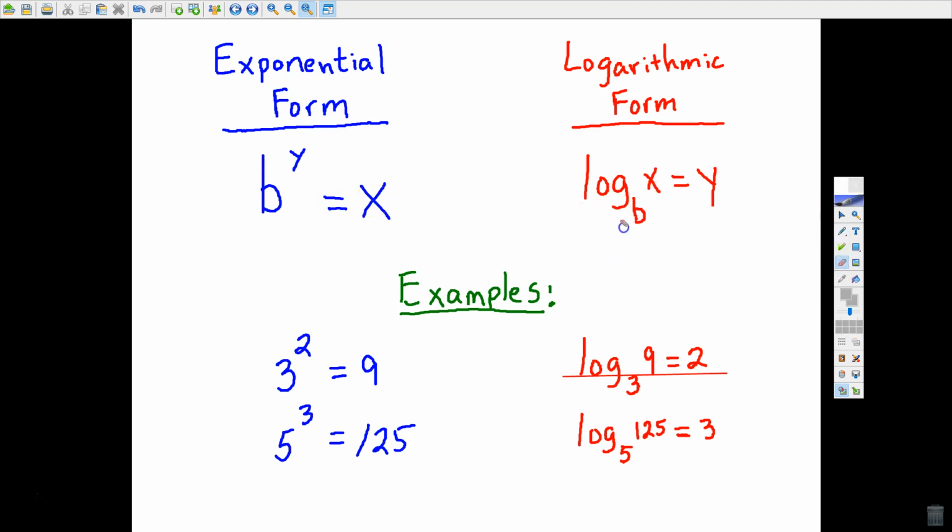Well, there's some things to notice. First of all, this number labeled as b, which we call the base of the exponent, is the same number that we use for the base of the log. Alright, this indicates that it's really the same number. If this were 2, then this would be log base 2. Another thing to keep in mind is going back to our simple definition of what logarithms are.